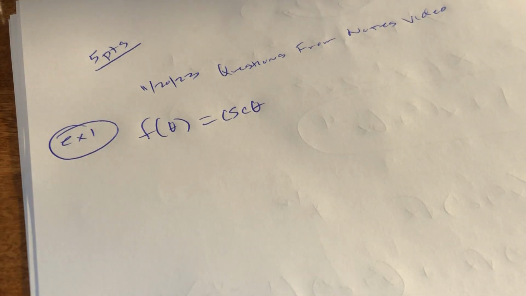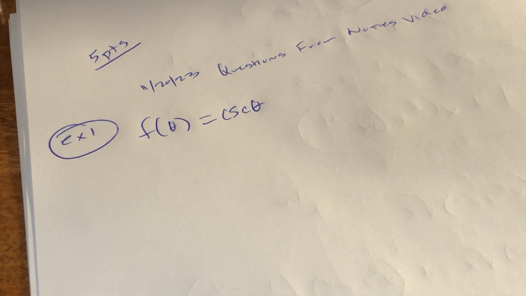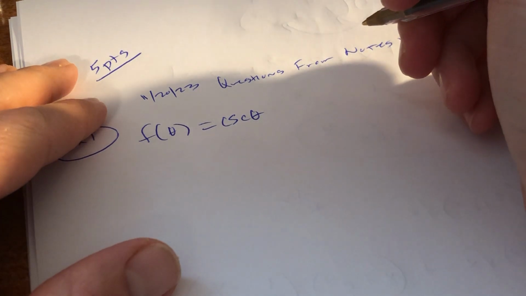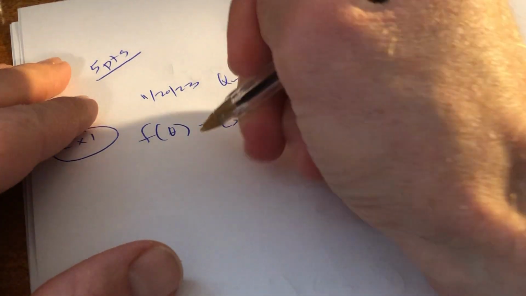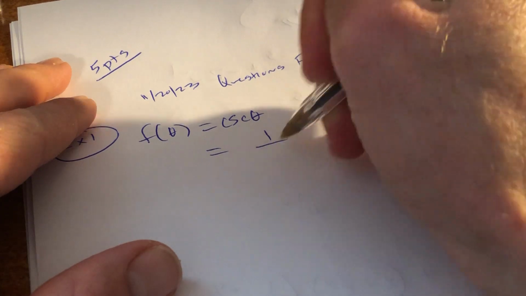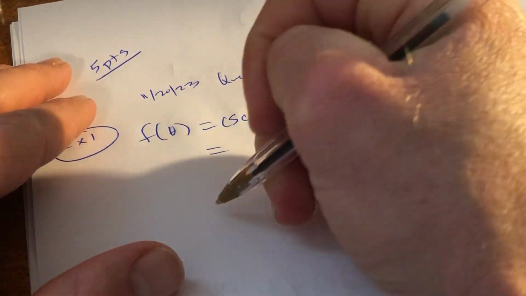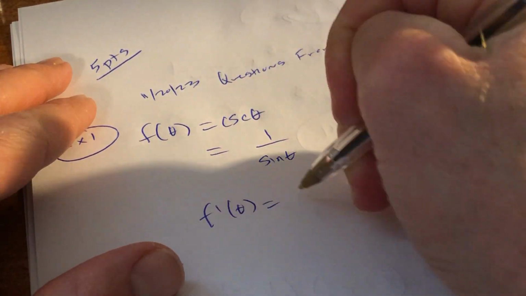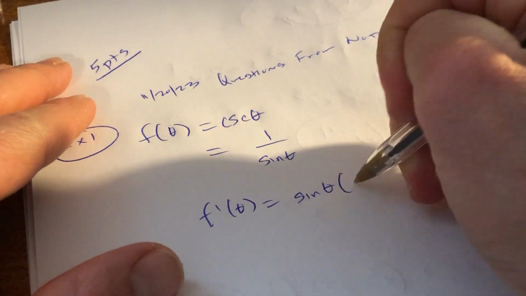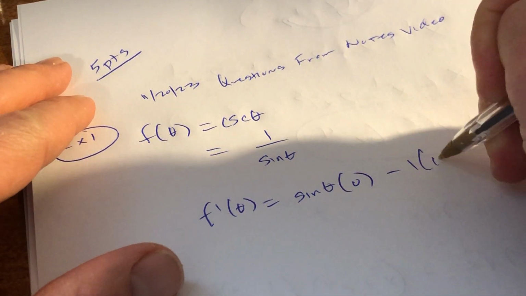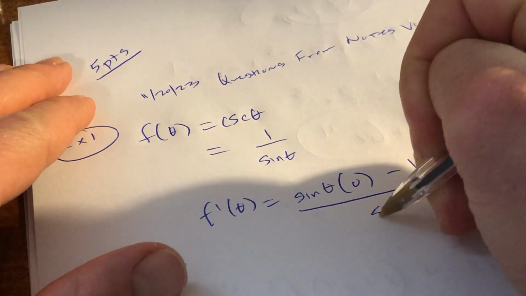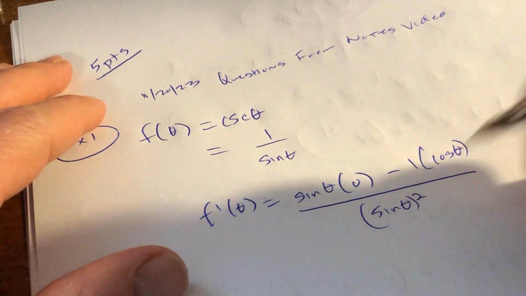What's the derivative of cosecant? So if I ask you that, you can look that up, and it's going to have a derivative. Or, if you can't memorize that, remember it's 1 over sine. So, low d high minus high d low all over the square of what's below.